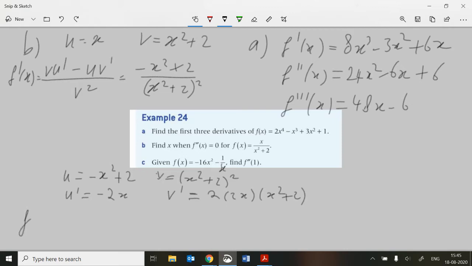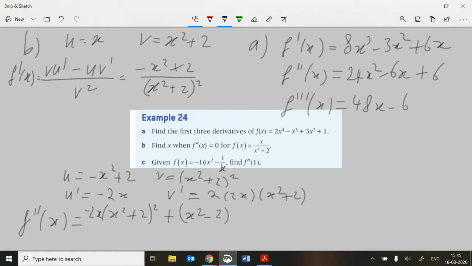So now we're getting f dash dash of x, using the same function as up here. We're going to get our x squared plus 2 squared, and then we've got u dash, which is minus 2x. So let's see if we can put that on the front. Minus 2x there, and then we've got minus and minus this thing here. So maybe let's just extract a minus from this and put a plus there. So that's going to be x squared minus 2 there.